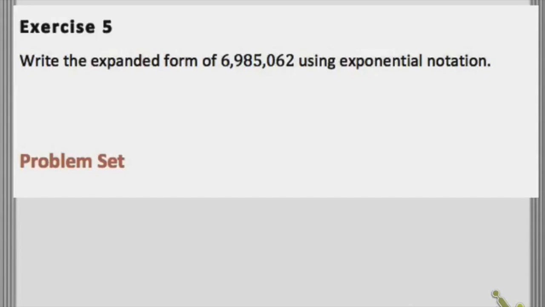So the expanded form here, we would have the first digit, as we've got 6, and that's times 10, and we look at how many zeros are behind it, and that's 6 zeros, so times 10 to the 6th, plus 9 times 10 to the 5th, 5 zeros behind that, plus 8 times 10 to the 4th.